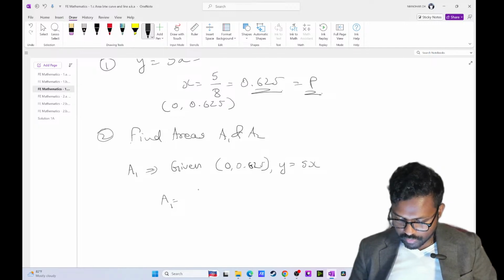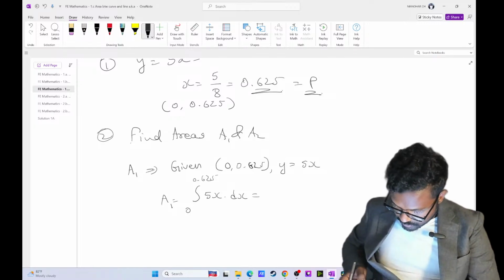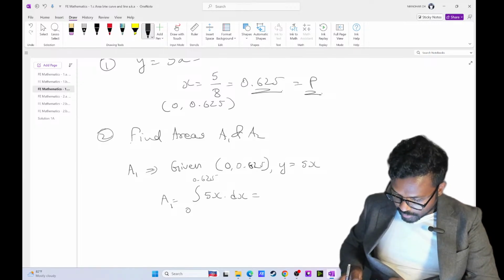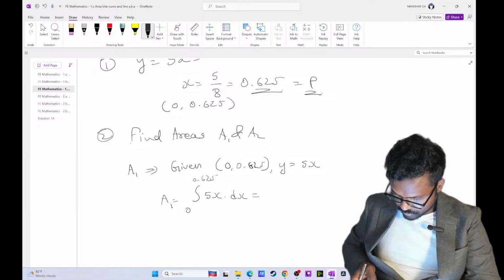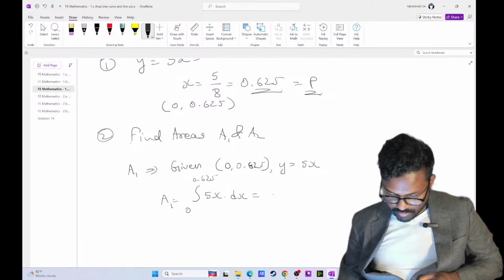A1 is equal to integral of 0 to 0.625 5x dx. So if you solve for it using your calculator, so let's start practicing to use your calculator as much as possible, guys. This is going to help you in your exam as well. So area A1 is equal to 0.976.